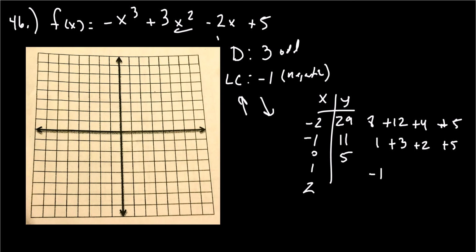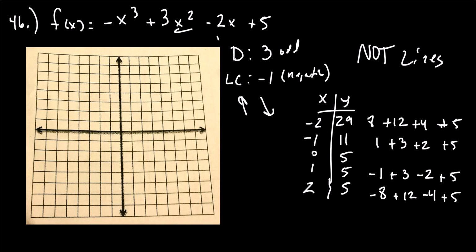For 1, I get -1 plus 3 minus 2 plus 5. -1 plus 3 is 2, minus 2 is 0, so I get 5 again. For 2, I plug it in. I get -8 plus 2 squared is 4, times 3 is 12, minus 4 plus 5. I get 5 again.